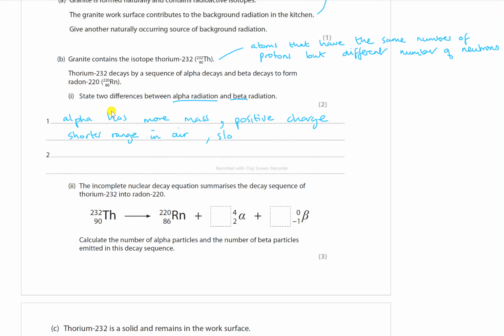It is slower and less penetrating. Right, on the other side, beta has a negative charge. It has a low negative charge. It's -1 as opposed to +2. It has a longer range.